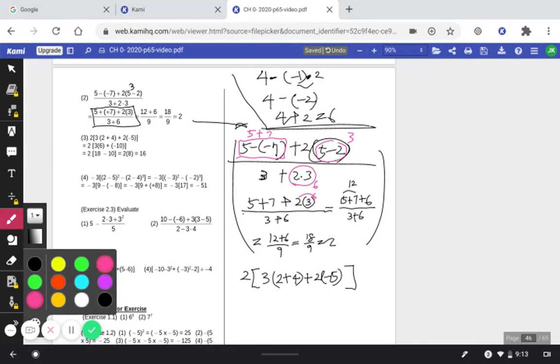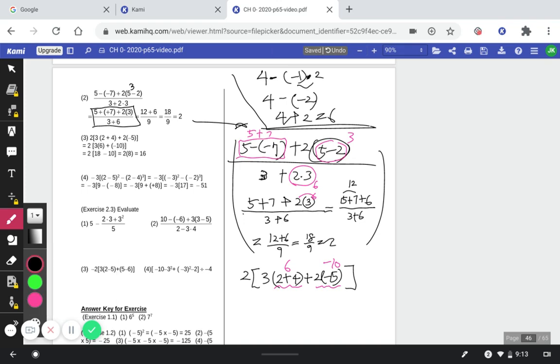So 2 times 3 becomes 6. And 2 times negative 5 becomes negative 10, right? So when you rewrite this, you will have 2 bracket 3 times 6 plus negative 10, right?